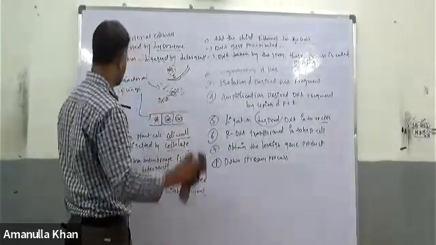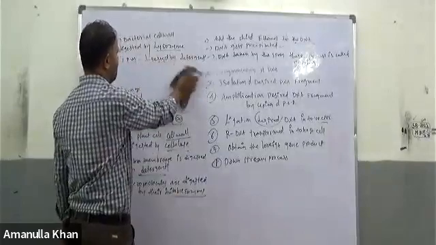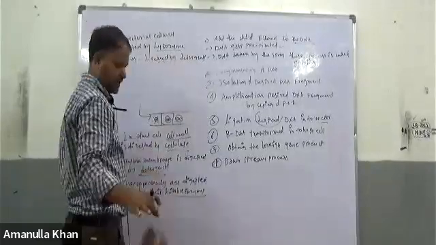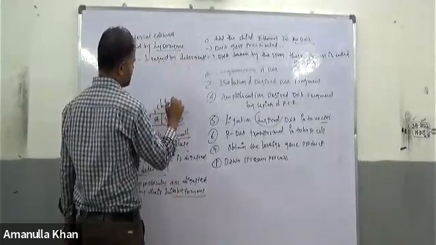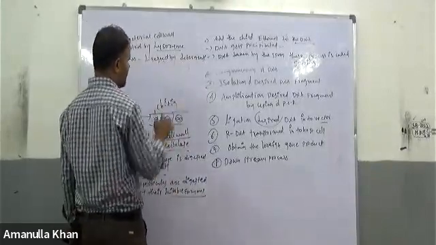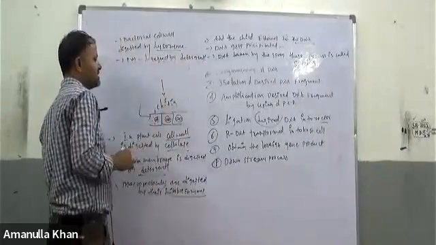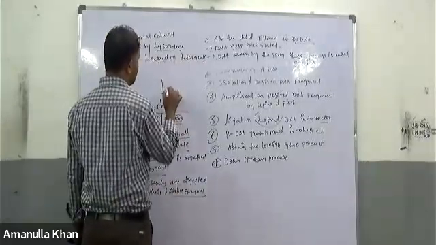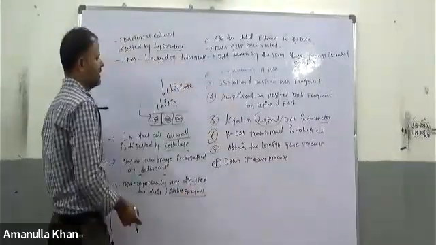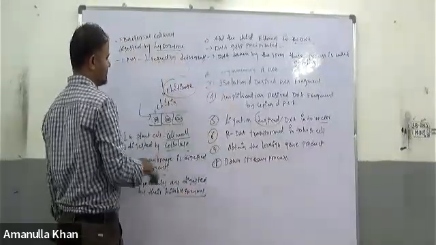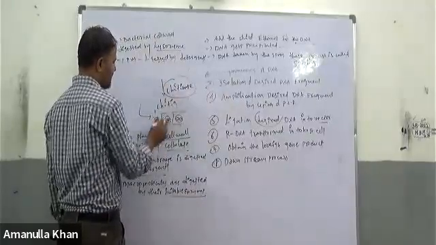Then if you want fungal DNA, the fungal cell wall is made up of chitin. This chitin is broken down by the chitinase enzyme. So with the help of chitinase enzyme, the fungal cell wall is digested.